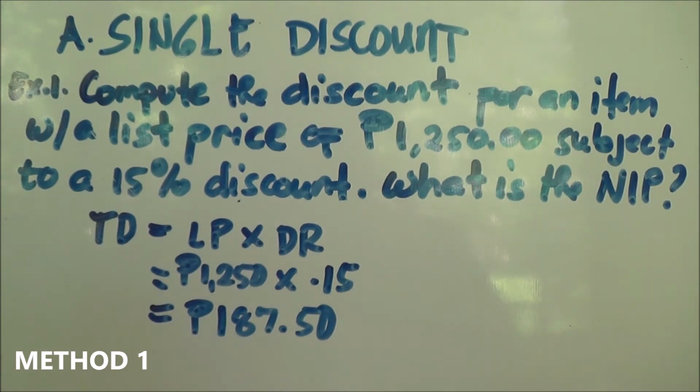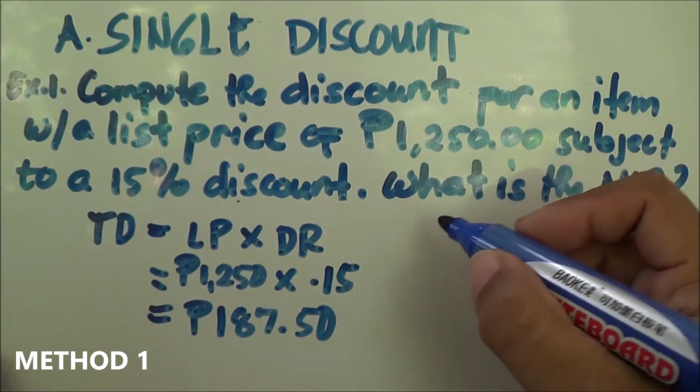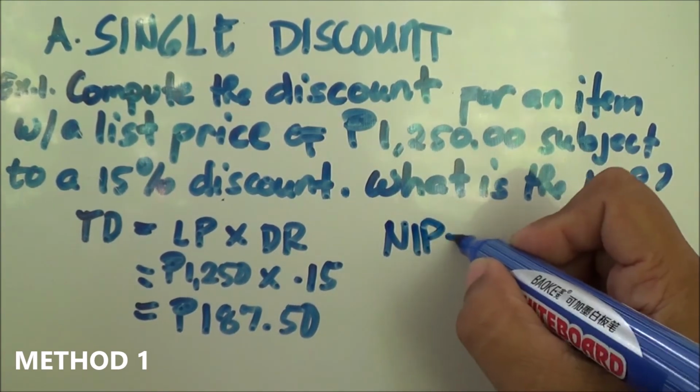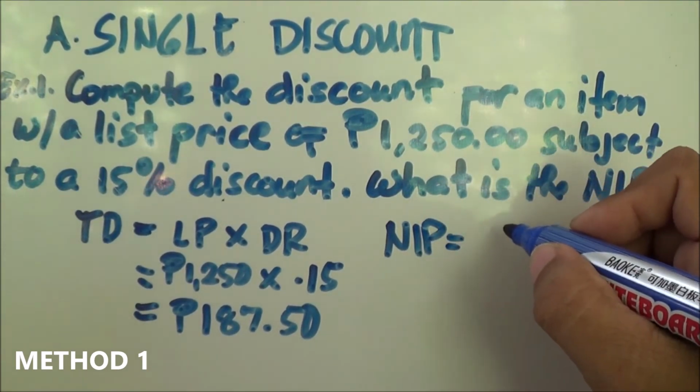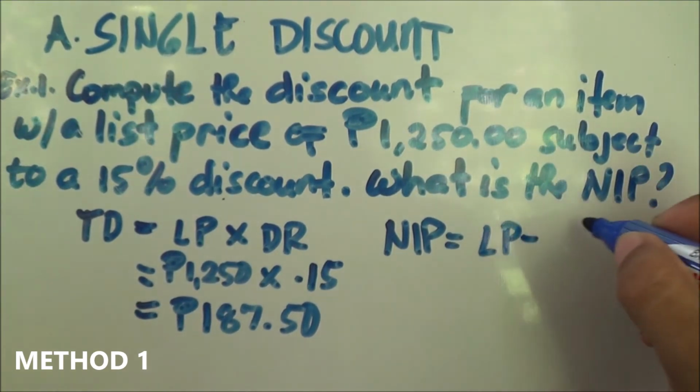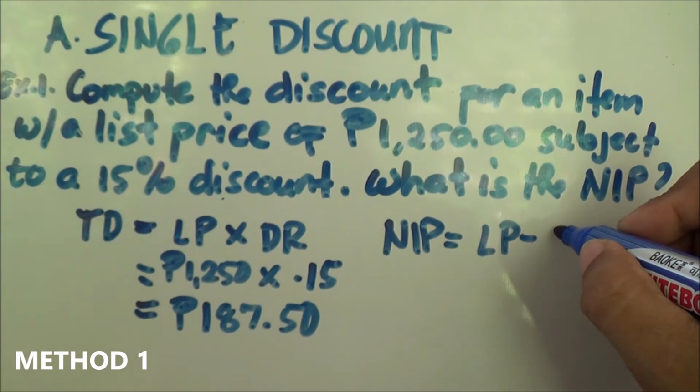Then we can answer what is the net invoice price. So the net invoice price is the list price less the discount.